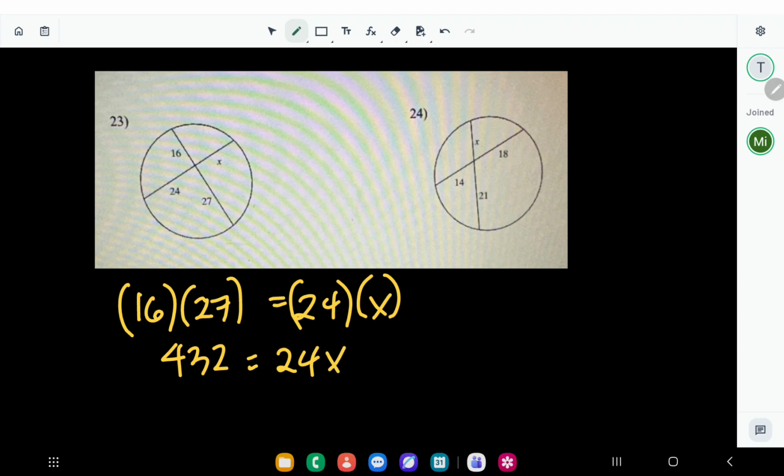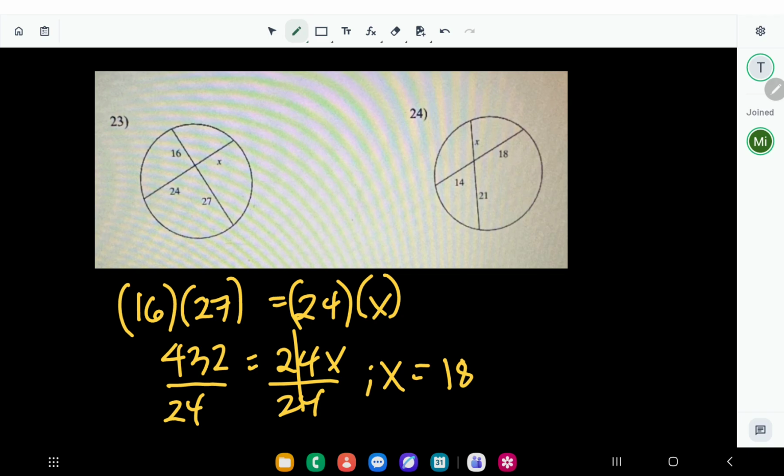Is that 432? 27 times 16. Yeah, 432. Then we divide both sides by 24. So x here is equal to, what is 432 divided by 24? 18. So x is equal to 18.